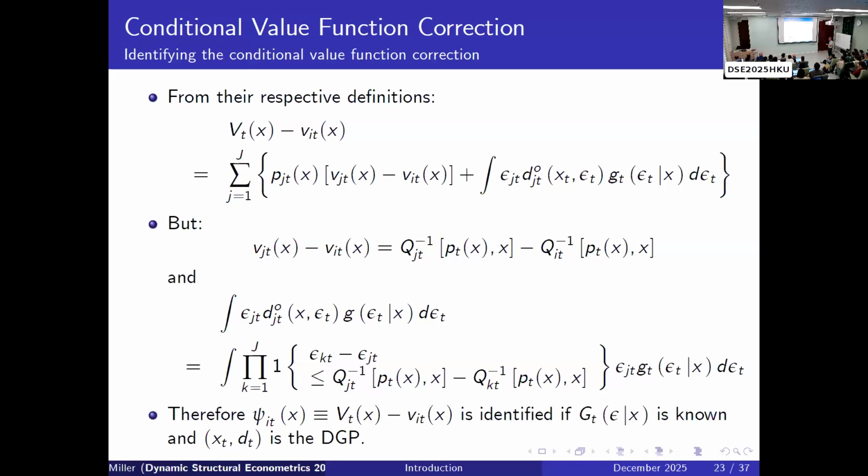So if G is known, then this thing is known too, because this is in terms of the conditional choice probabilities for which we've got consistent estimates. So we have that being identified as well.